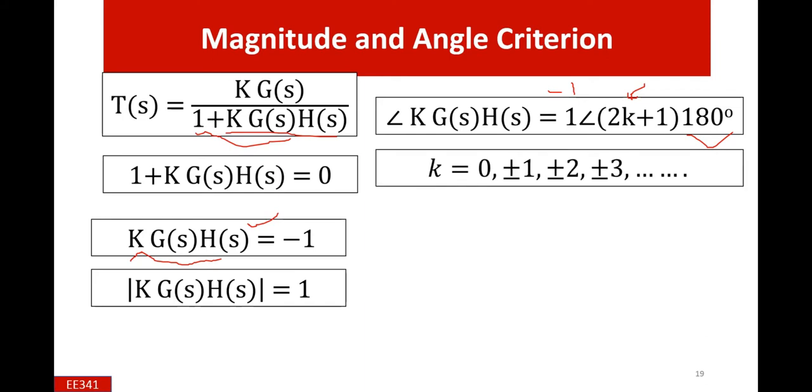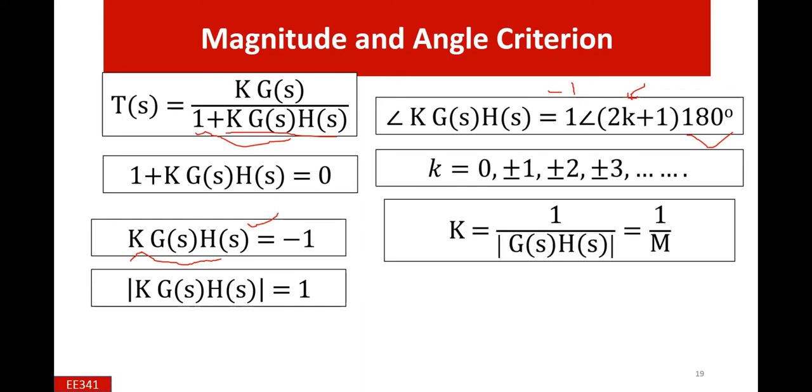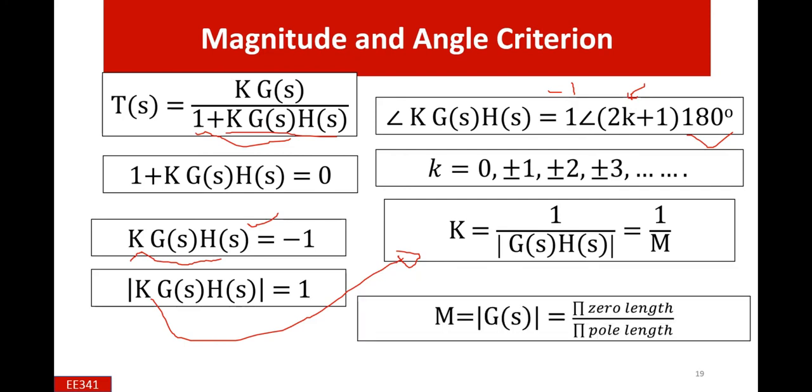And this k varies over positive and negative values. If we take the mod value, k is equal to 1 over the mod of G(s), and it is equal to 1 over M, as we found in the last part of the lecture, and this M is already defined here.